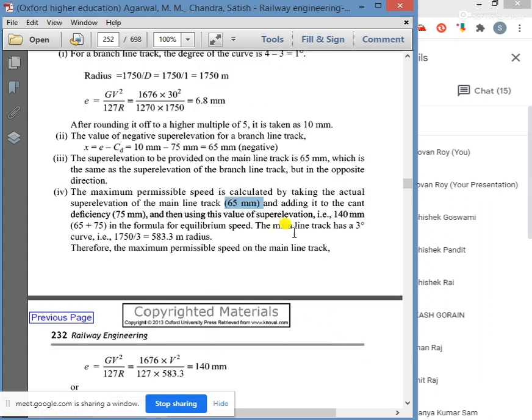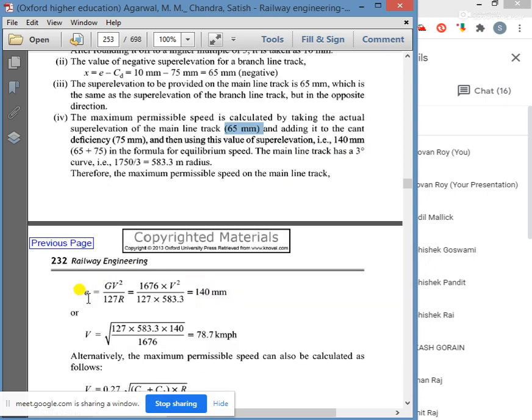For the requirement, the main line track has a 3-degree curve. So the radius of the curve is 583.3 meter. Now the actual superelevation to find the speed is the same as e equals GV squared by 127 R, with R as 583.3, for this 140 mm superelevation, but actually you are providing 65.